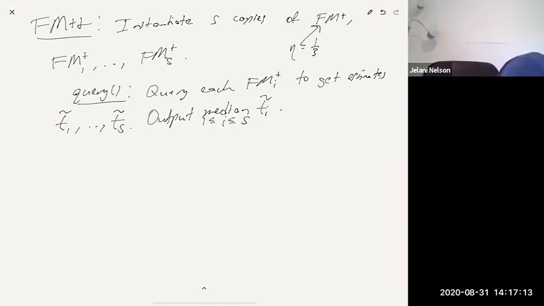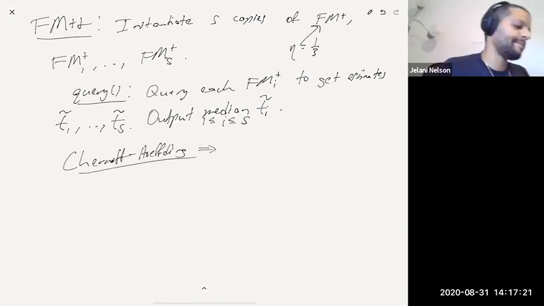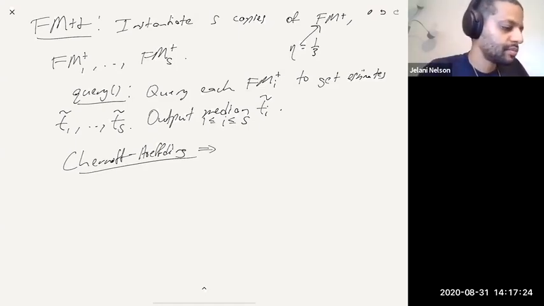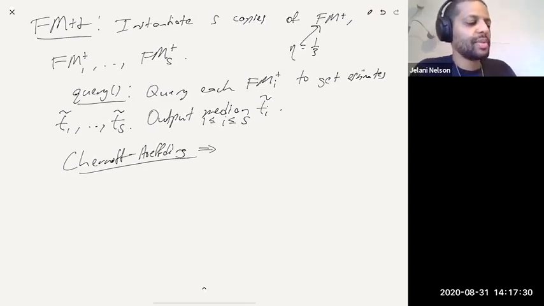And then again, the Chernoff-Hoeffding bound implies that. Okay, so first of all, what do we know? We know that in expectation, at most a third of the copies, at most S over 3 copies, fail to give a good answer, which means that in expectation at least 2/3 of the copies give a good answer.